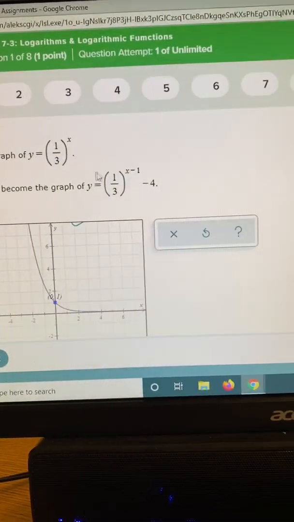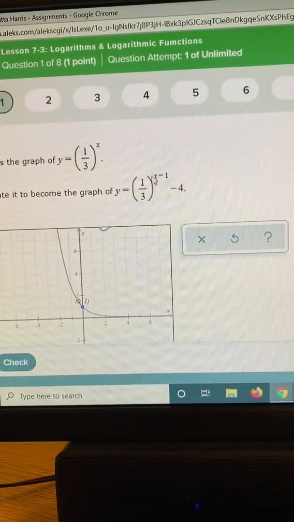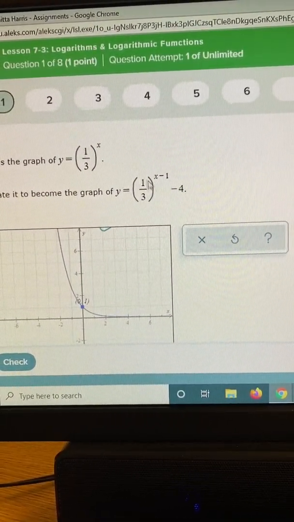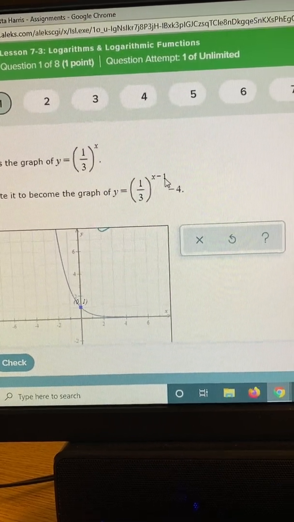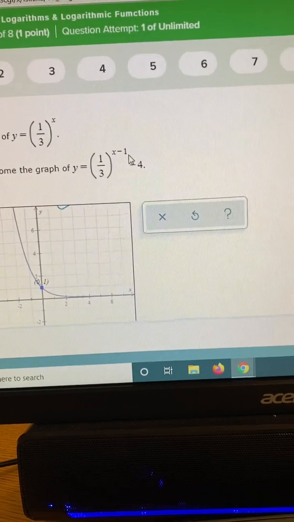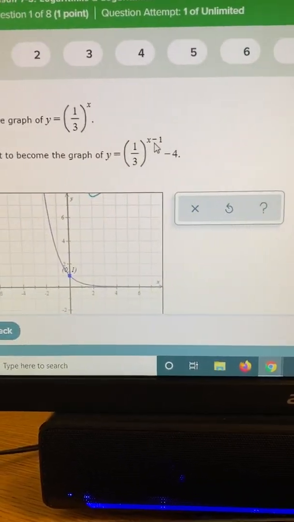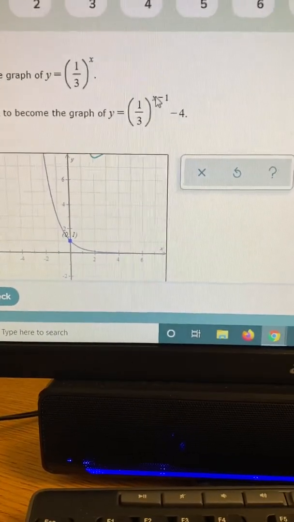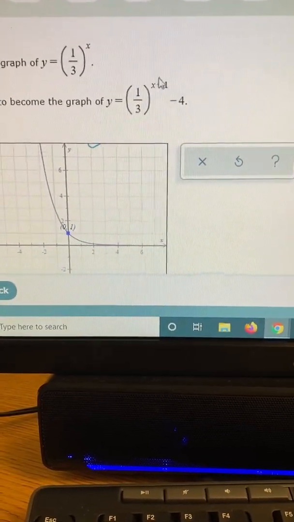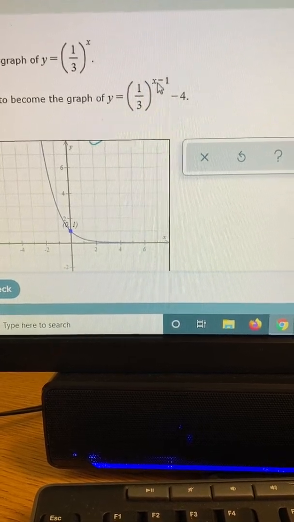So whenever you're looking at these equations, whatever's in the exponent, so like here it was just x, but here now it's x minus 1, whatever number's in the exponent is your horizontal movement. Now what you gotta remember is the original form of this is x minus h.